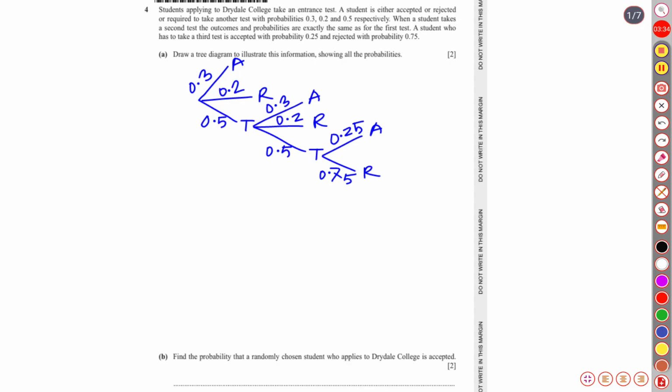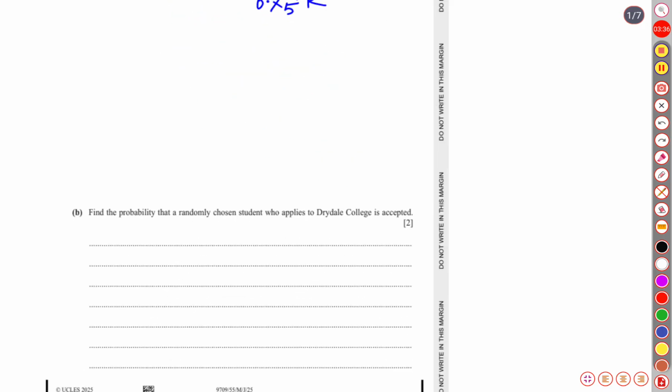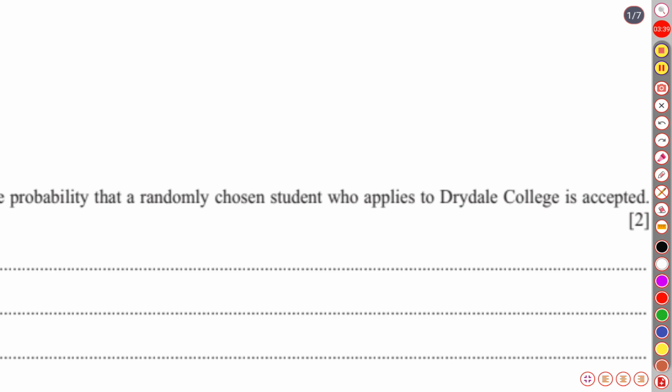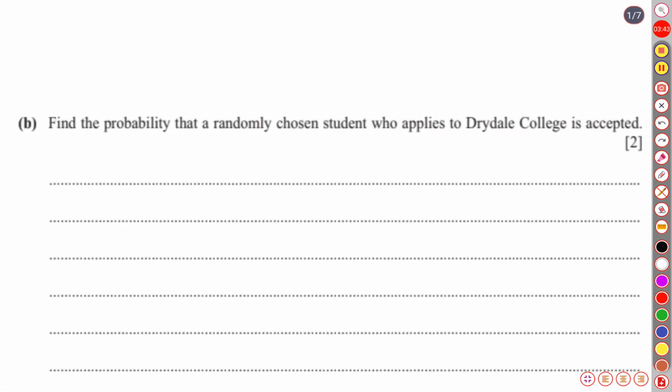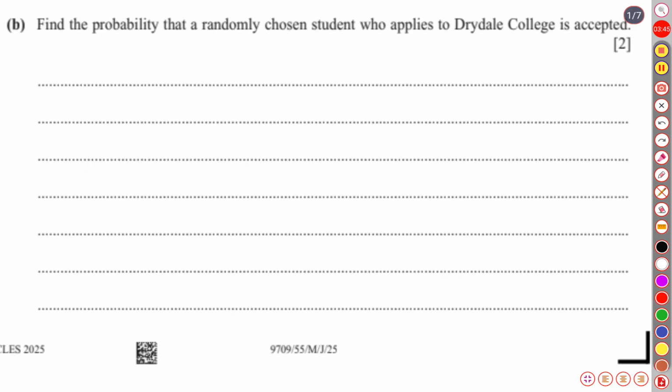Well, so let us write probability of acceptance. It may be in the first attempt, second attempt, or third attempt.